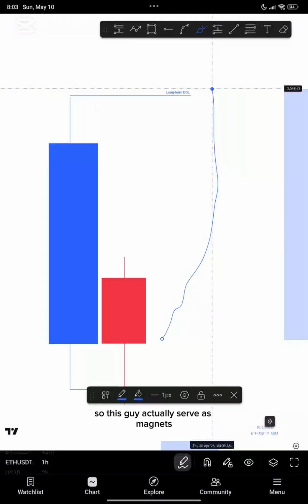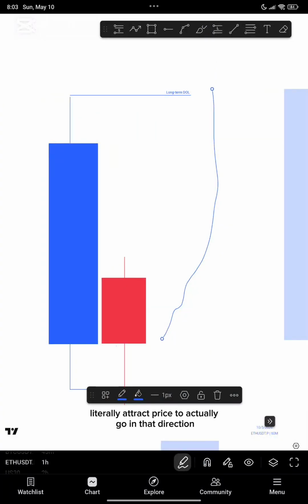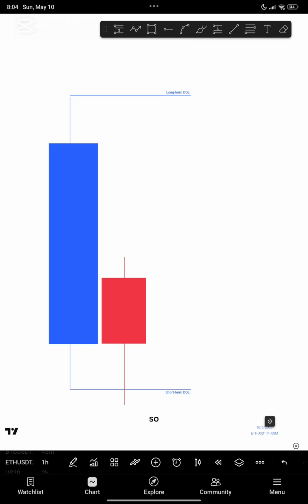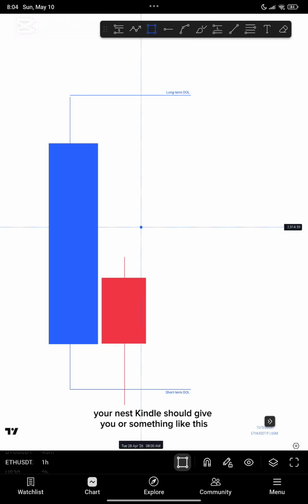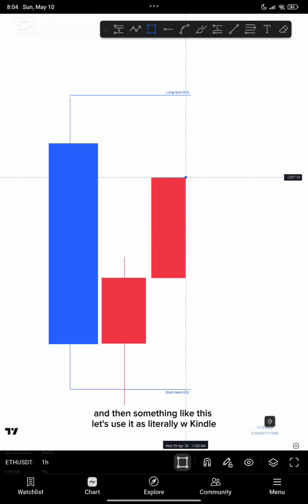So this serves as a magnet for price most of the time. It attracts price to go in that direction, and that's where you'll be expecting your trade from. It helps you see where price is heading. So your next candle should give you something like this. Let's say price opens here, and then something like this.